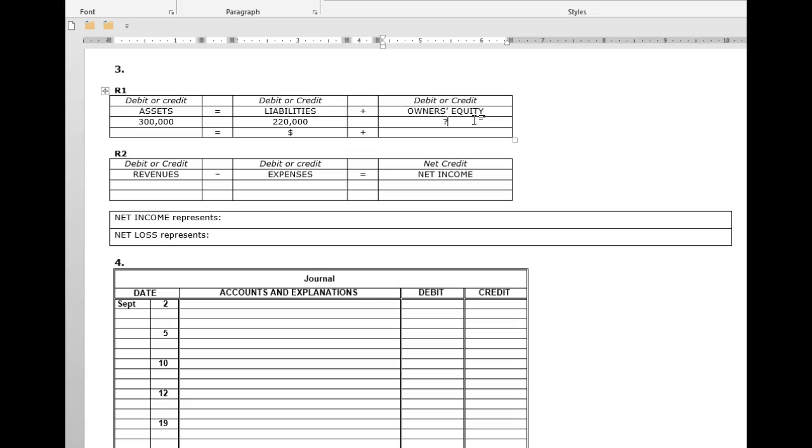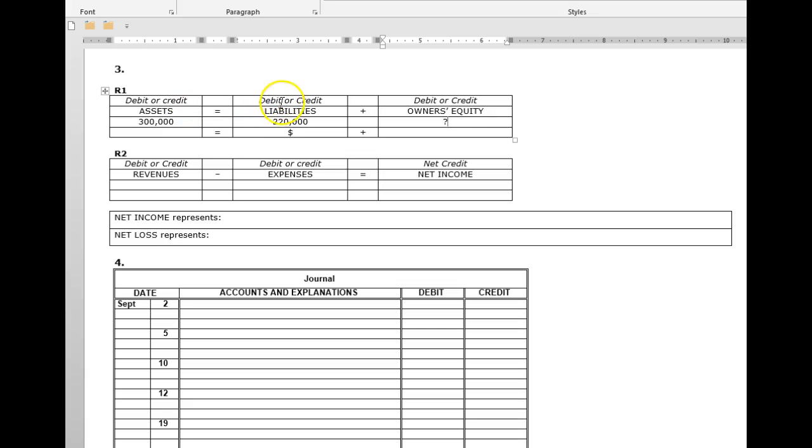The question now is, is this a debit balance? Is this a debit or credit? So we know assets. If you remember the video, it said assets are on the left side of the equal sign, and liabilities and equity are on the right side. And if an account is on the left-hand side, it has a debit balance, right?